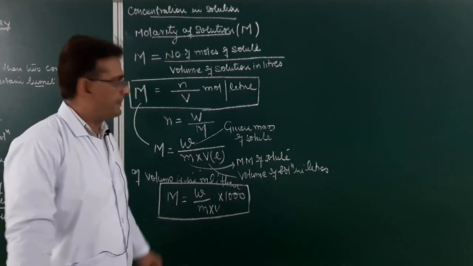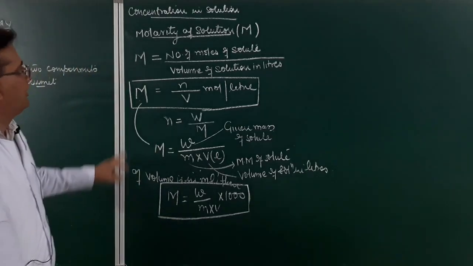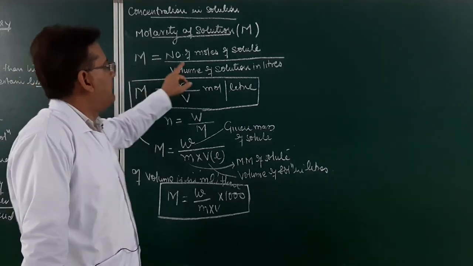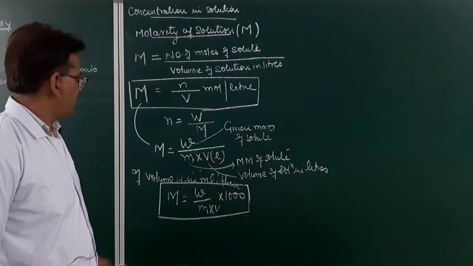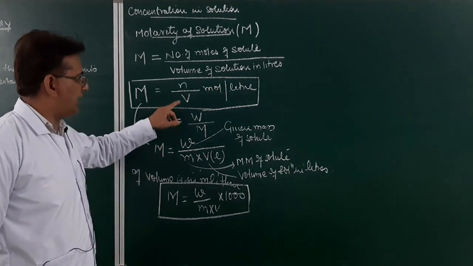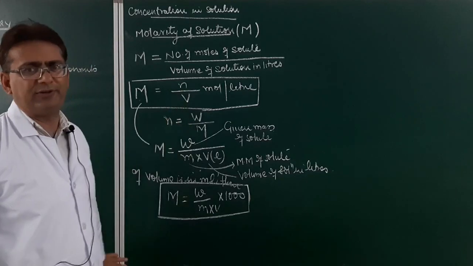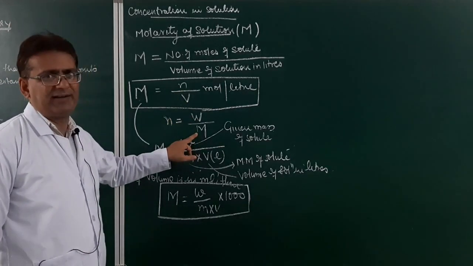Is it clear? What is the first way of expression of concentration of the solution? Molarity. How do we define it? As number of moles of solute upon volume of the solution in liters. Formula n upon V, if moles are given and the volume in liters is given. What is mole? Given mass upon molecular mass.